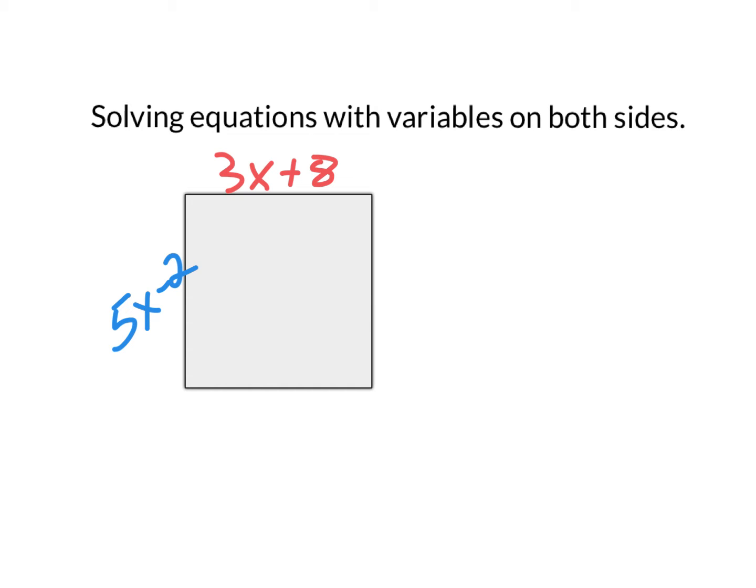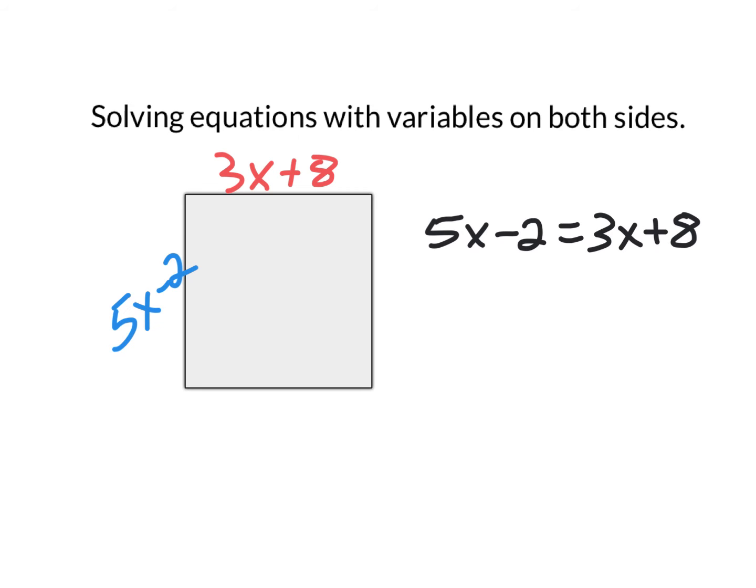Both of those are equal to each other. So we can set up an equation. We could say that 5x minus 2 is equal to 3x plus 8.